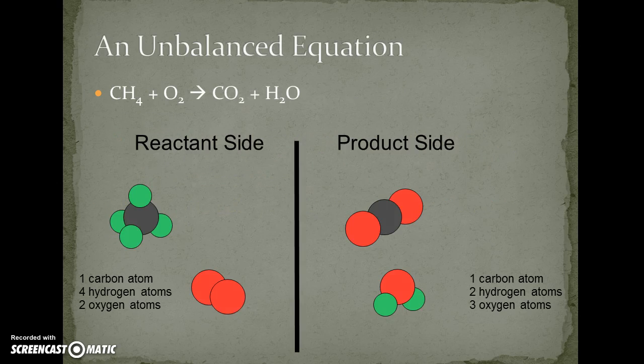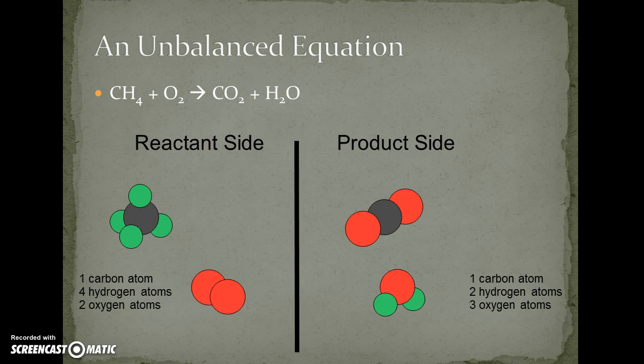Okay, so here's an unbalanced equation. CH4 plus O2 yields CO2 plus H2O. So if we were to draw out, and we will do this week, if we were to draw out what was on the reactant side, we have CH4 is that gray and green molecule. So we have 1 C and 4 H's, right? 1 carbon, 4 hydrogen.